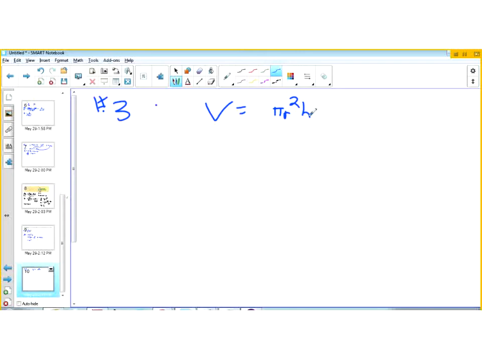Let me check. Okay, so that would be the volume of the enclosure of a thin cylindrical shell, pi r squared times h.